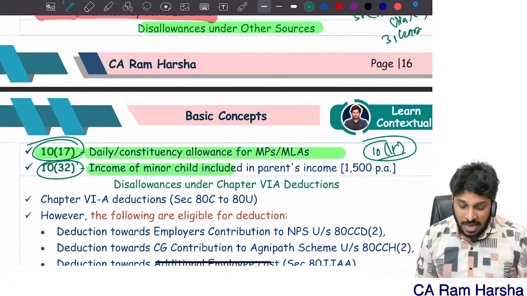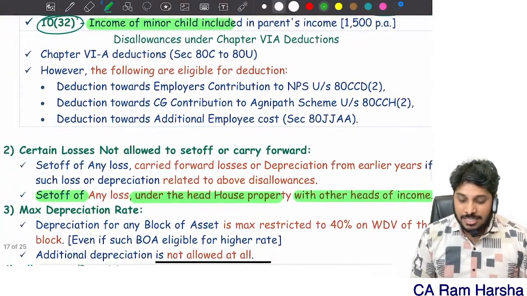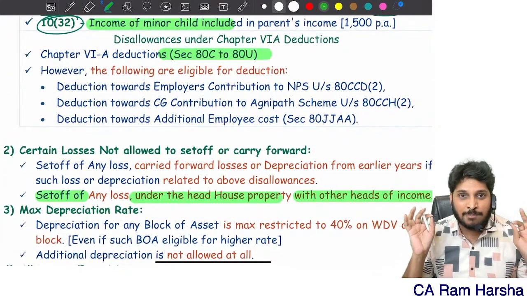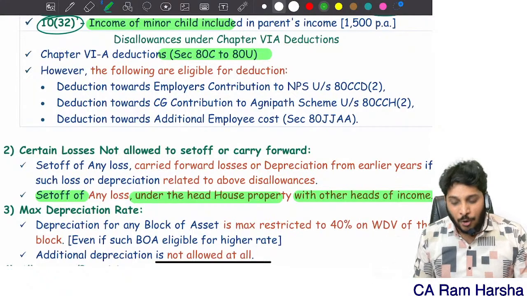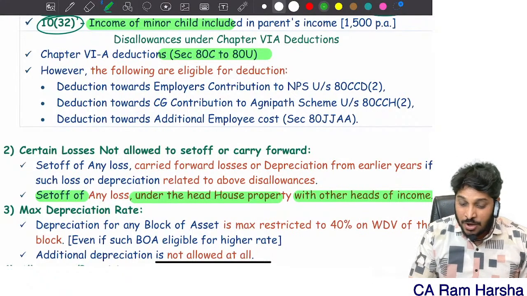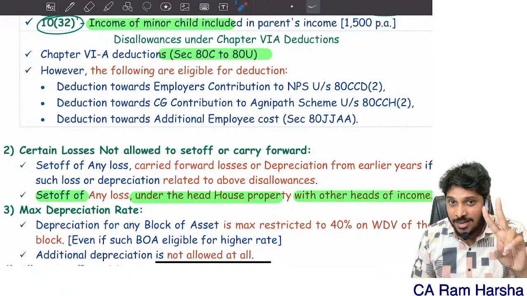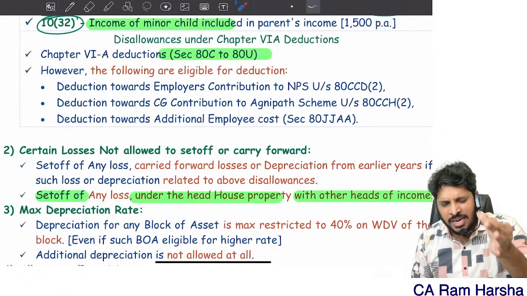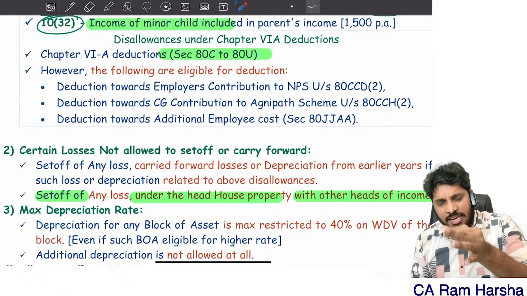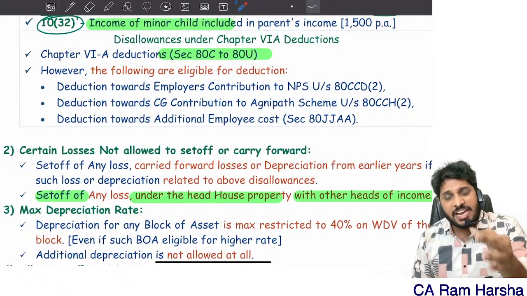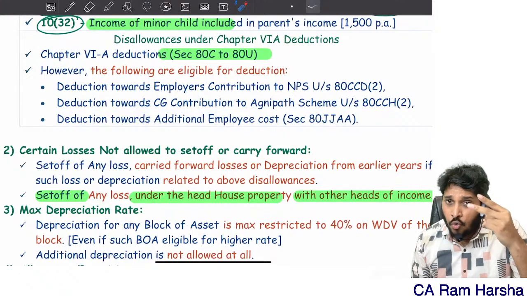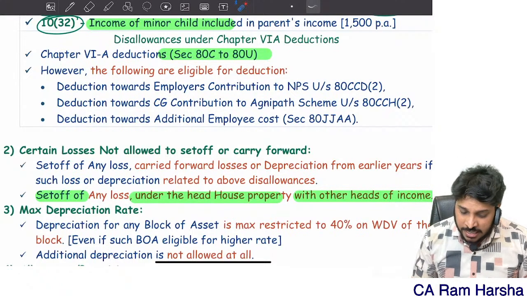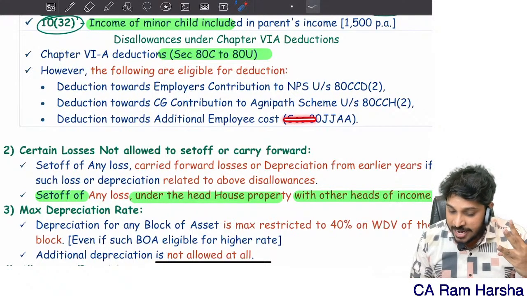Are you clear? Next, chapter 6A. You will not get chapter 6A deduction at all. Only 2 deductions SSE can get, even though he is declaring income under default tax regime, paying tax under default tax regime. Only 2 chapter 6A deductions he will get. 3 deductions he will get. 80JJAA.